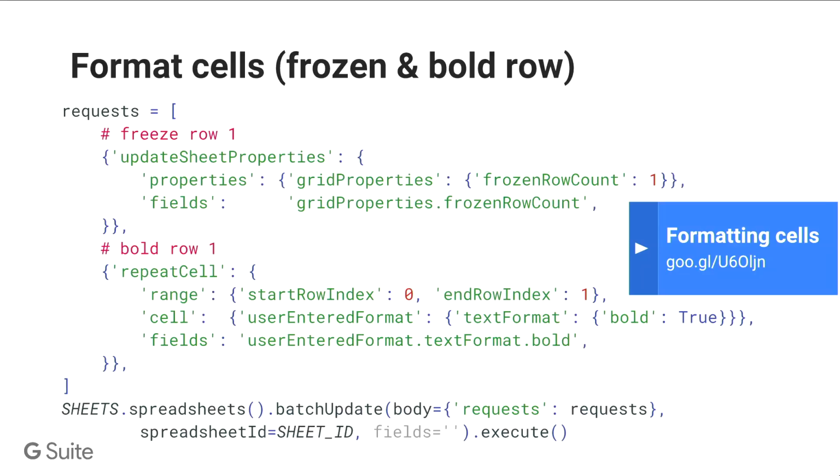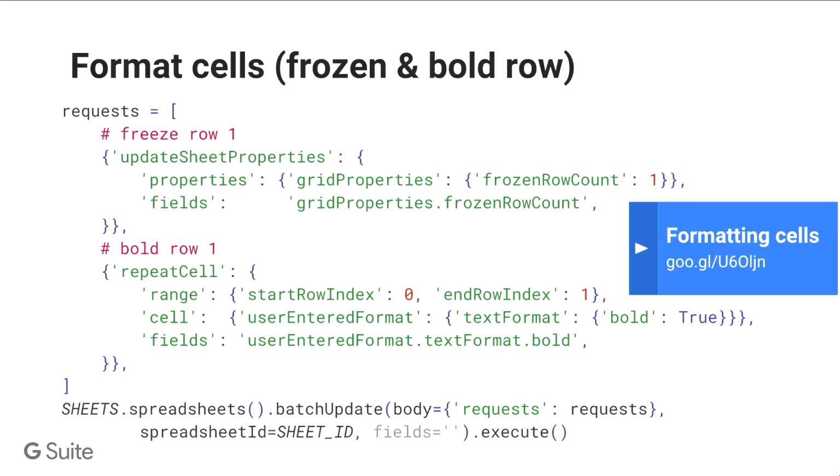And then furthermore, maybe I want to change the top row so it's frozen and bolded, okay? So here's another use of the API. Again, there's a video in case you want to look at this line by line. I could say I want the first row to be frozen so that when I scroll down through all my toy orders, that column header stays there. And then I want it bolded, which is the repeat cell command.